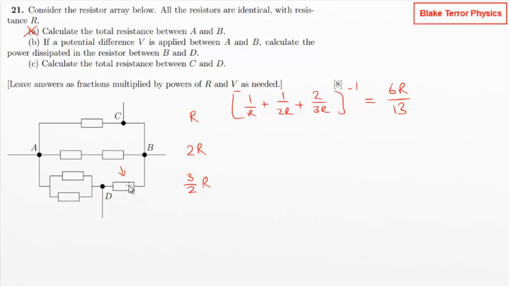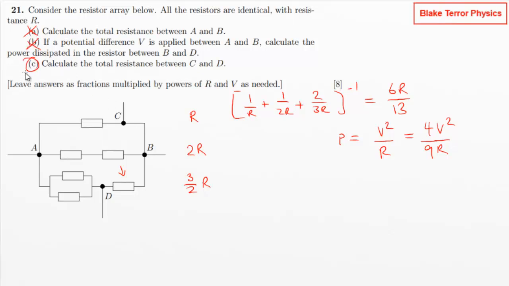And of course, the potential difference is divided in proportion to the resistances. So if our power is V squared over R, we're going to have 2/3 of V. So that's going to be 4/9 of V squared, and then we need to divide by R. So we just stick an R in the bottom. So that's another easy bit.